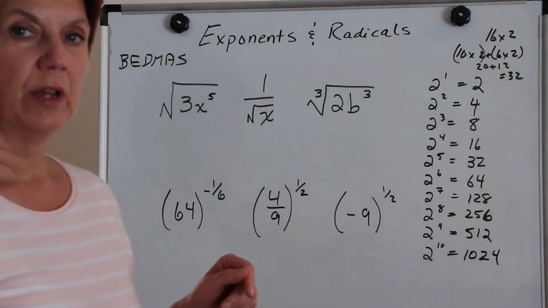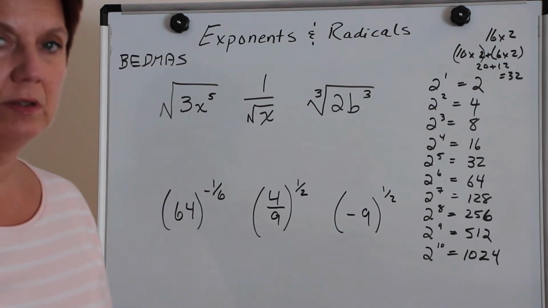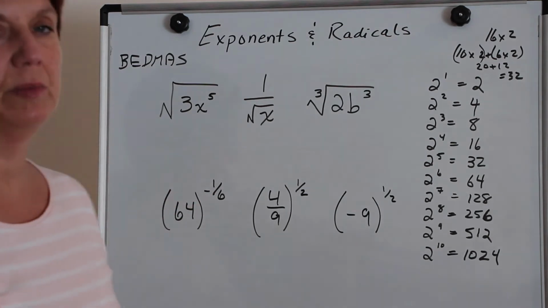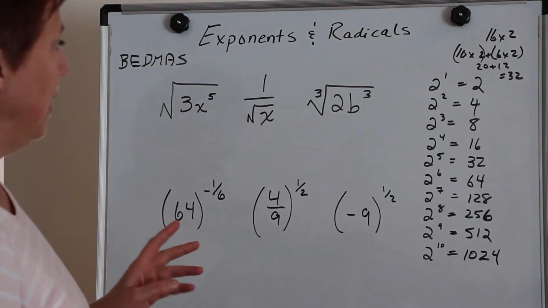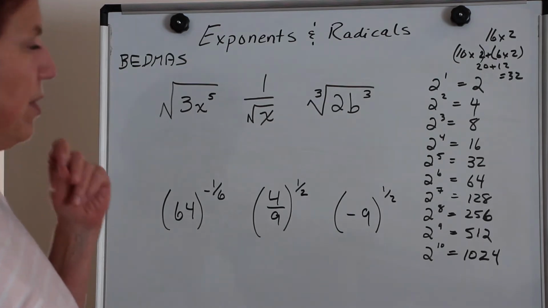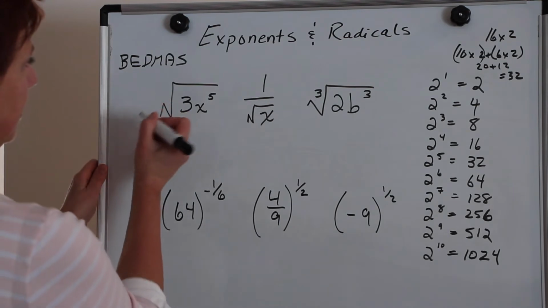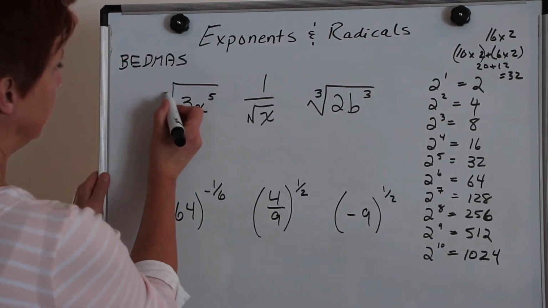Okay, so now let's look at a few different radical and exponent expressions and see what we do with them. What we want to do with these 3 is turn them into exponent form. If you haven't done this kind of thing before, you might be wondering how we go about doing it. Well, remember that if you don't see a number written in here, then there's an invisible 2 there.